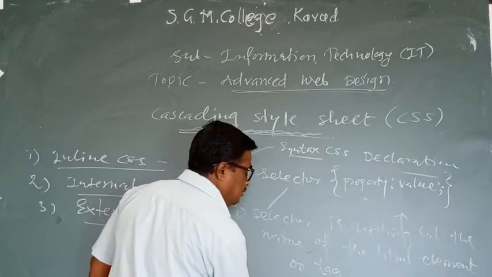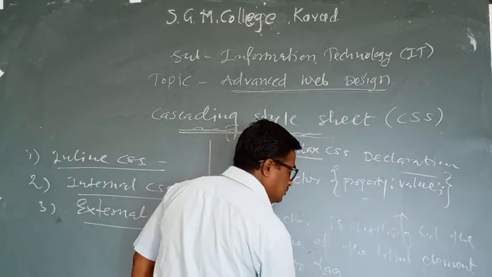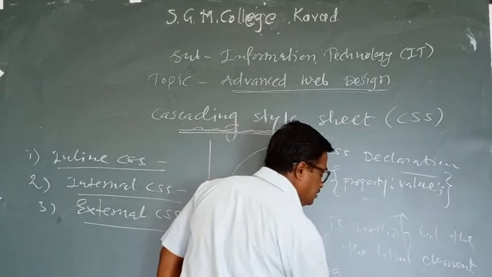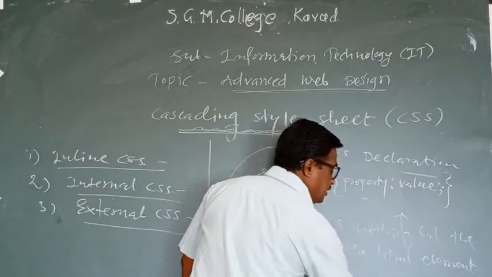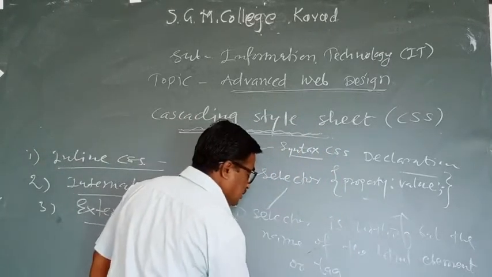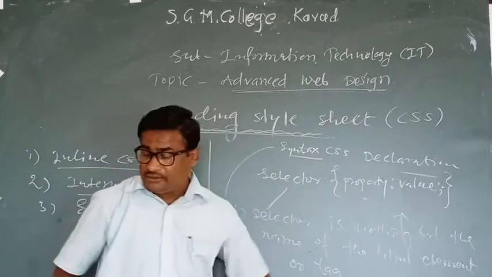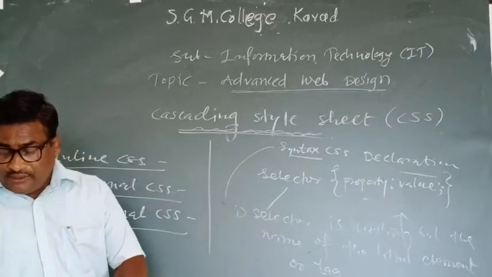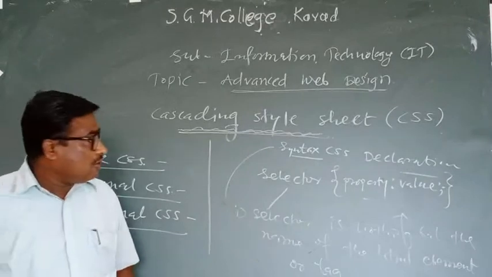For example, h1, p tag, h3, etc. The tags are written in angular brackets. Then the declaration block.